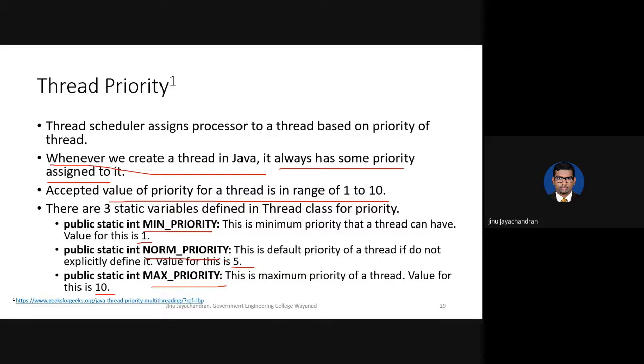So we assign a priority value for the thread. If it is a safety critical application, then the priority value will be maximum. If it is a routine application, for example, you're opening a Word file and writing, and let's say that's a thread, then you will assign minimum priority, because even if you write or don't write, it will not impact or affect anything else.